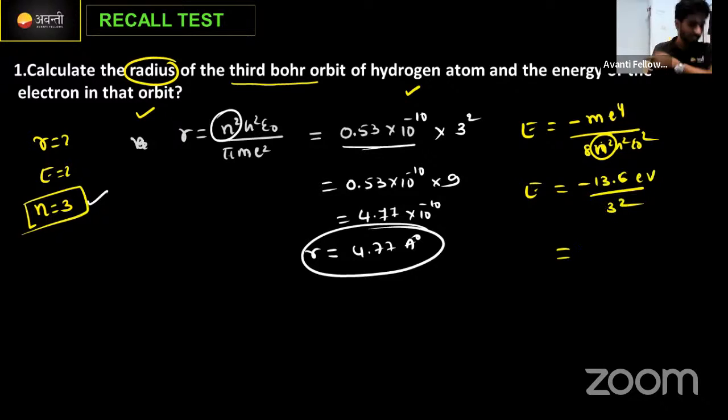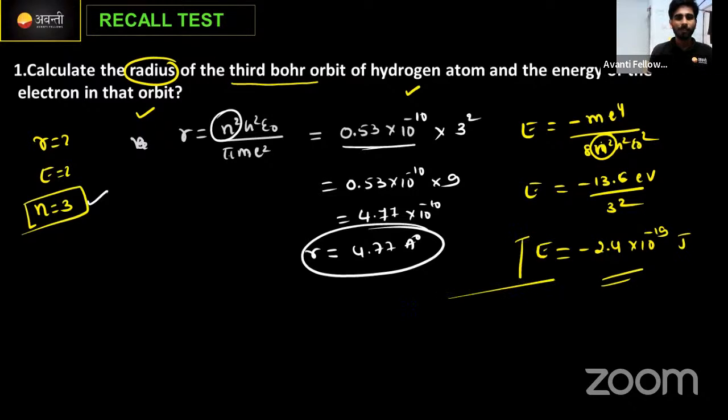Correct? On solving this, you will get around minus 2.4 into 10 to the power of -19 joules. Convert electron volt to joule. We convert energy to joules, no problem. Clear? This question was simple.